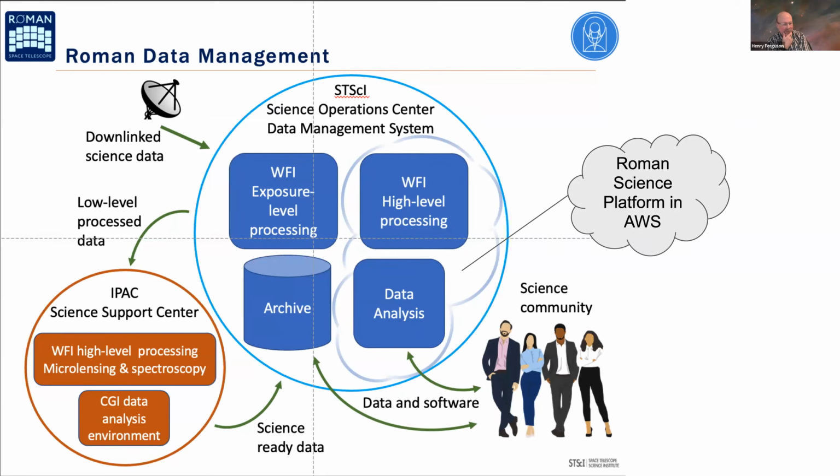High-level data products for spectroscopy and for microlensing on the bulge are done at IPAC, as well as the coronagraphy analysis. Those all come back to the Institute where the archive is. And then users will access either through browsers to download data, or if they really need to process lots of data, we will have a science platform in AWS.